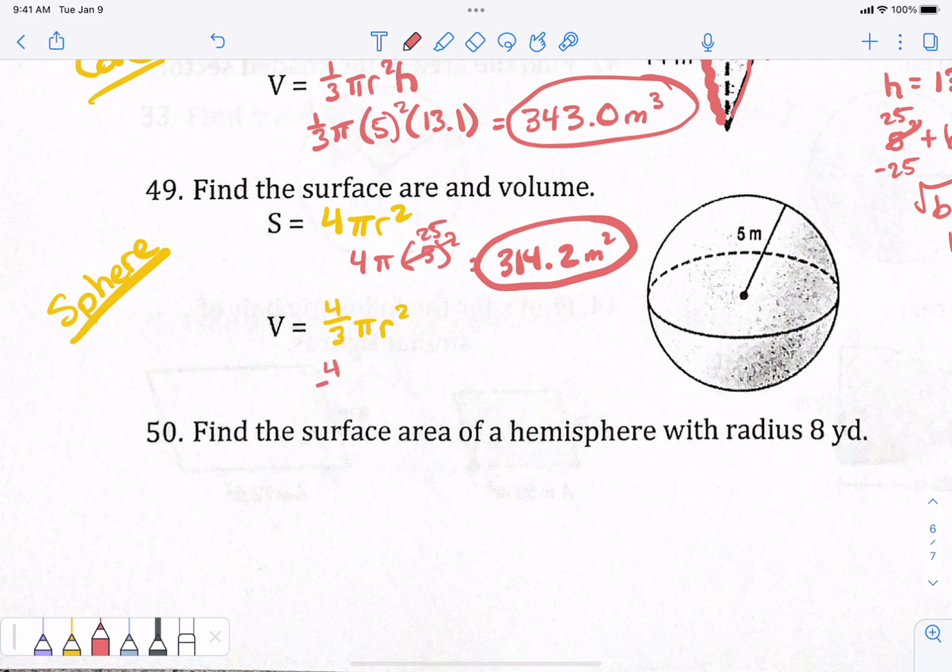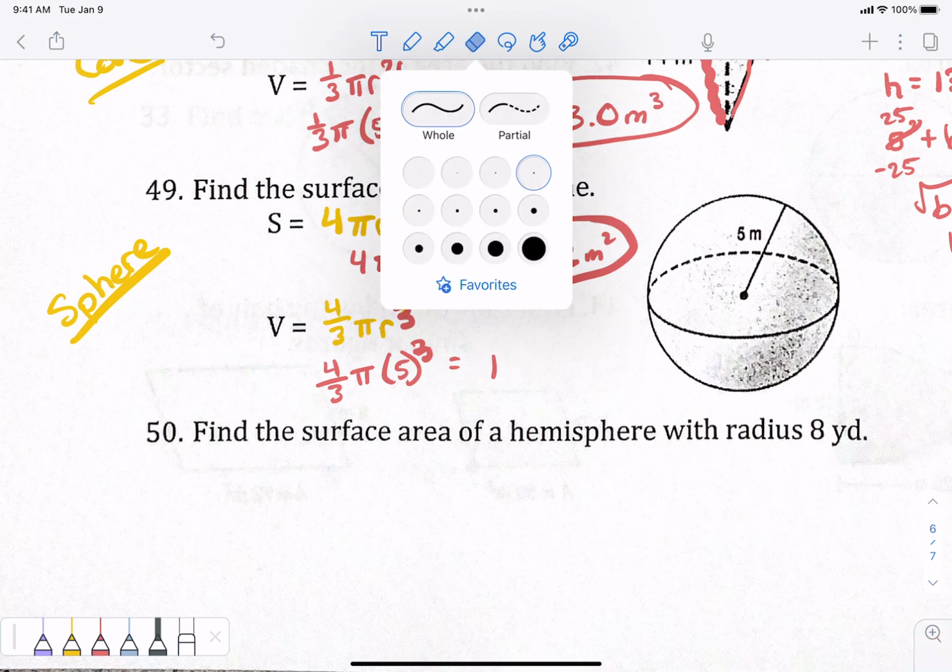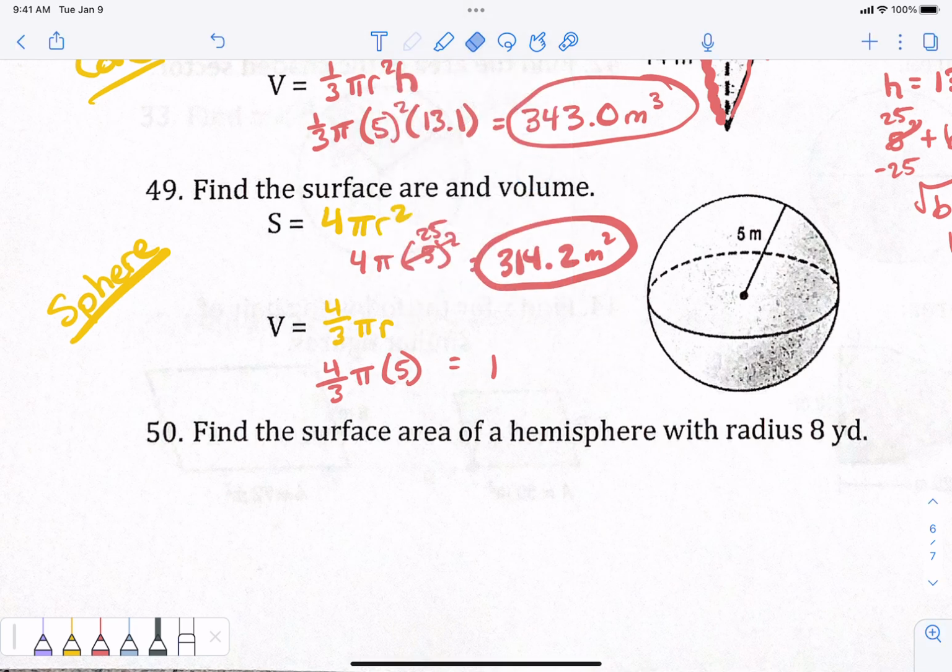I'm not going to attempt this one. 4/3 pi times 5 squared. 5 squared is 25. So 25 pi times 4 divided by 3. It says that R is supposed to be cubed for volume in the paper. You're right. I lied. Good catch, because we would have gotten that wrong.